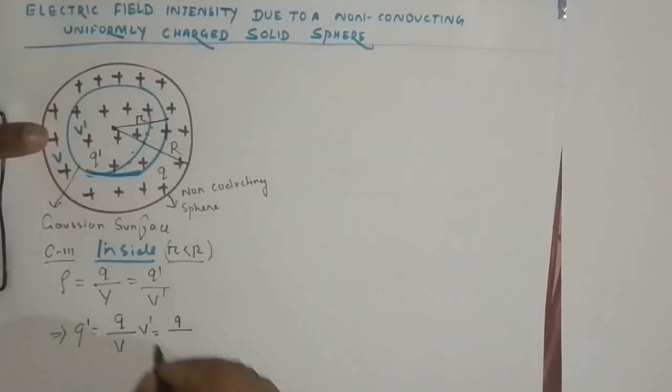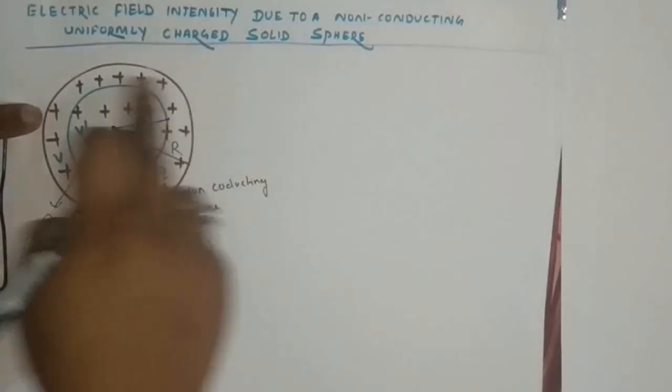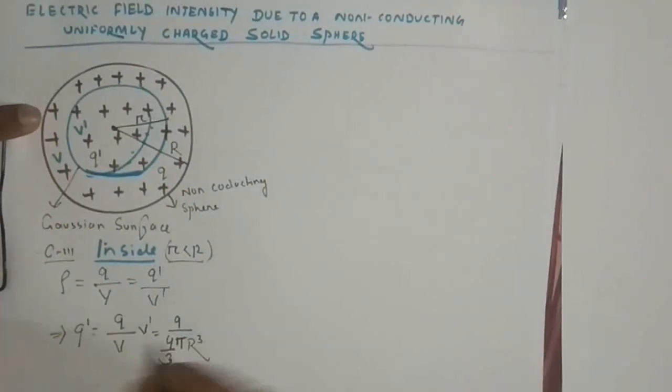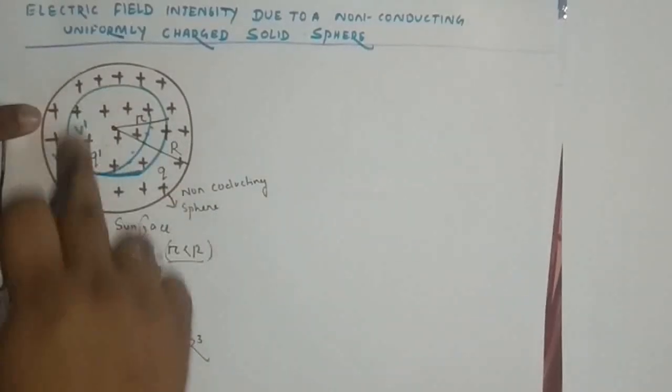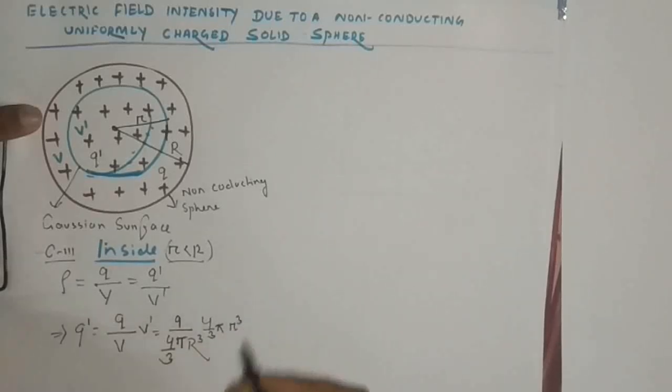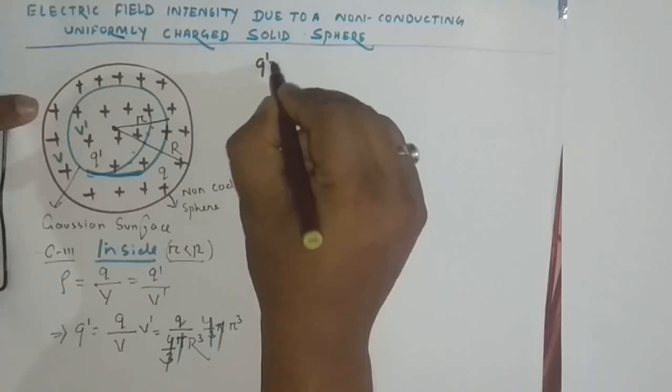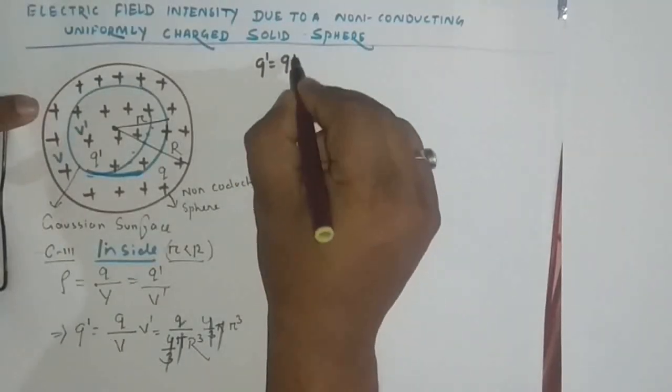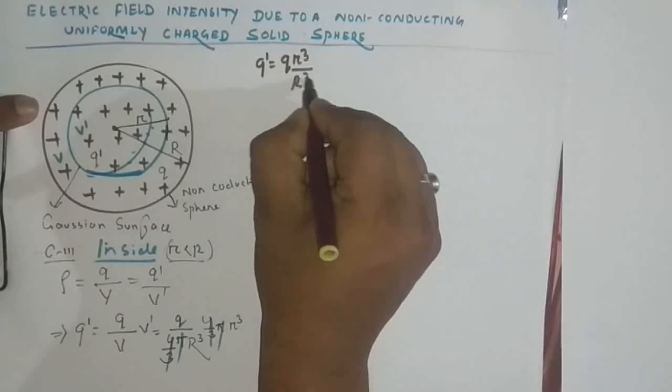V is 4 by 3 pi R cubed, where the original radius is capital R. V prime means 4 by 3 pi r cubed for the Gaussian surface. Students are always confused and make mistakes between small and capital R, so focus on it. Here 4 by 3 pi cancels. So what did I get? Q prime equals Q times r cubed by capital R cubed.